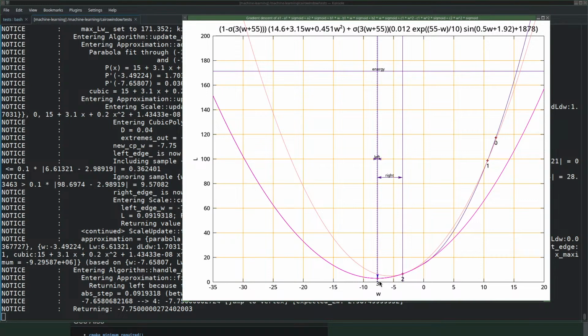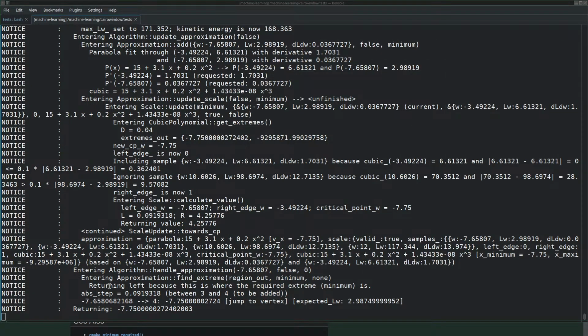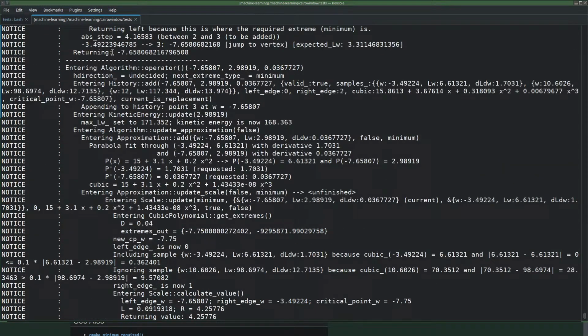That's the minimum. It should be saying... Okay, maybe not, because it's still returning that before that.